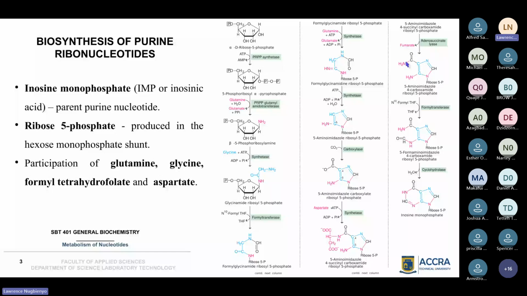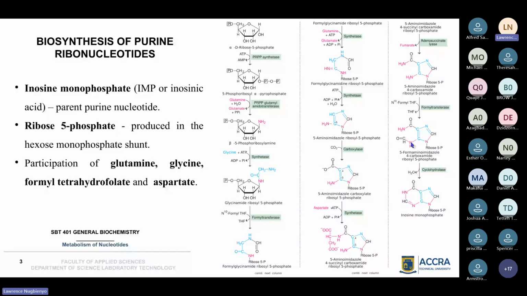And the tetrahydrofolate comes in again, this time around donating another carbon, which now binds onto one of these amine groups.